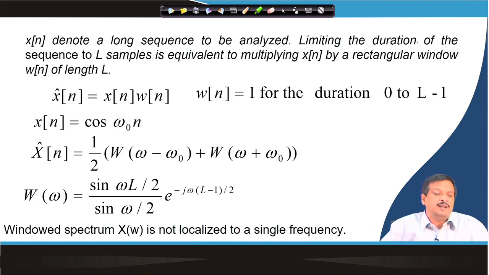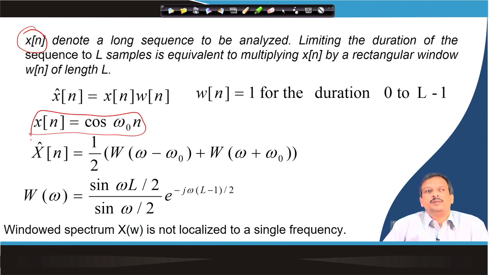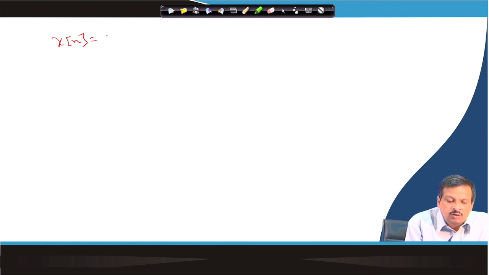Let us say x of n is a long sequence of a signal that has to be analyzed, and let us say x of n is nothing but cos omega 0 n.